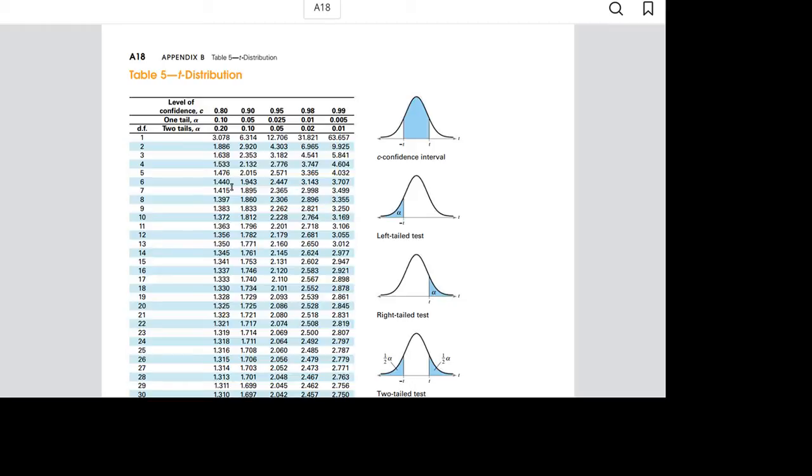And it has predefined columns for your different alpha values or your level of significance that you're setting. And so it has a one tail and a two tail column that we need to look for. And so when we use this for the level of confidence, we use the top row, figuring out what our level of confidence was.